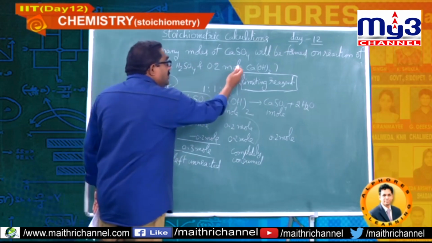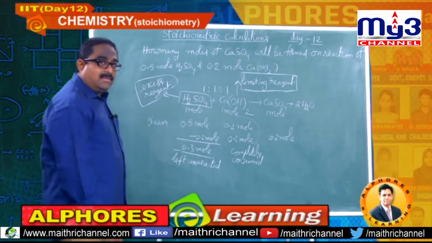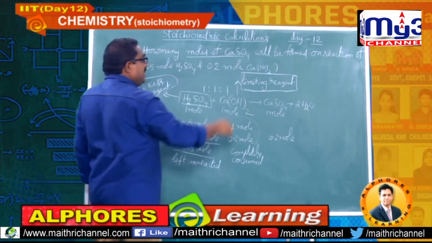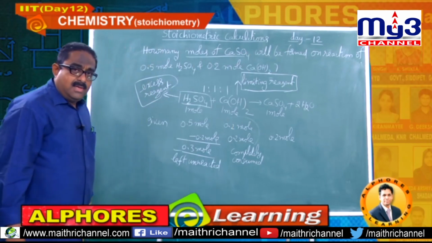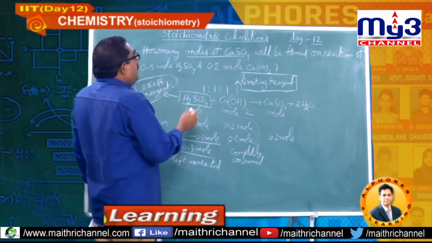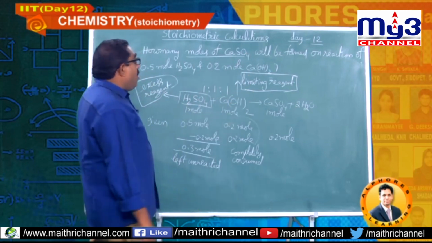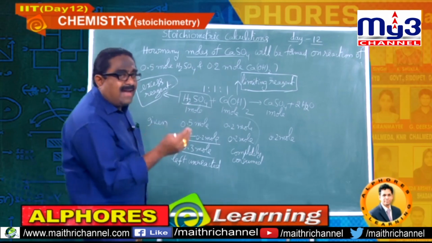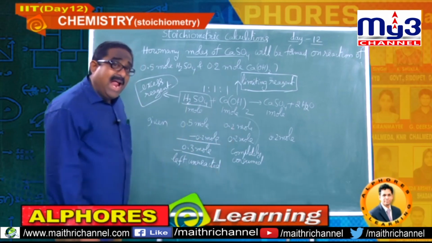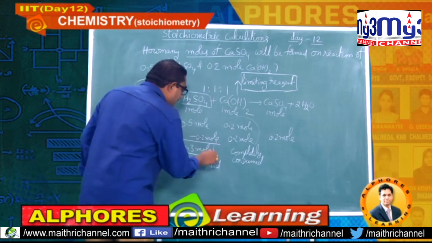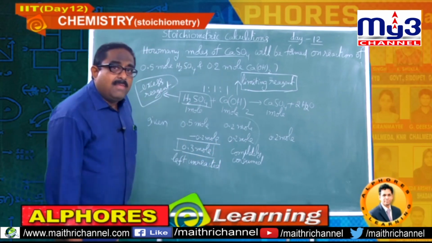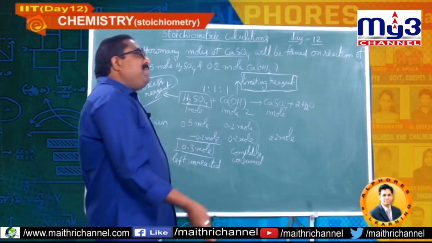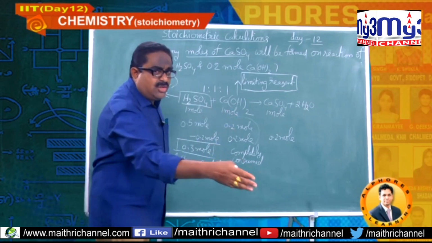One more question can also be set on the same data. You may be asked to calculate how many moles of calcium sulfate will be formed. Or they may ask how many moles of sulfuric acid will be left unreacted. Your answer in such a case is 0.3 moles. Only the excess reagent will be left unreacted; the limiting reagent will be completely consumed.